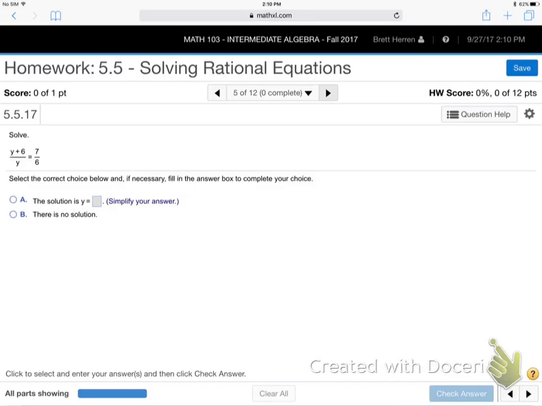So we have y plus 6 over y is 7 over 6. All right, we've got an equal sign. You know what to do with it. Multiply both sides by the common denominator. Top, top.